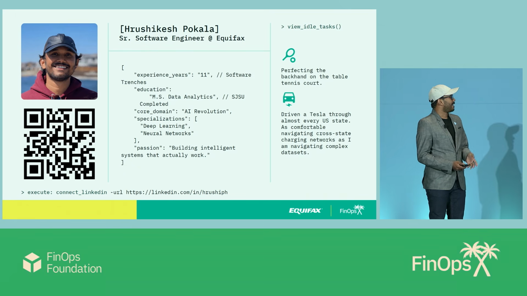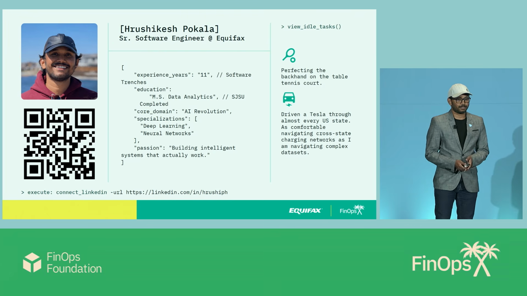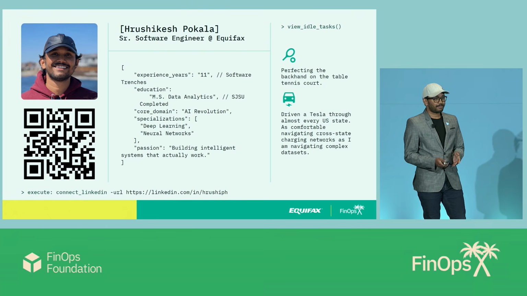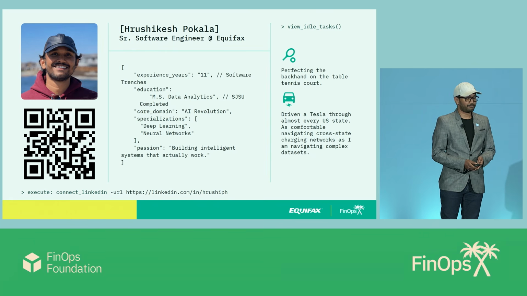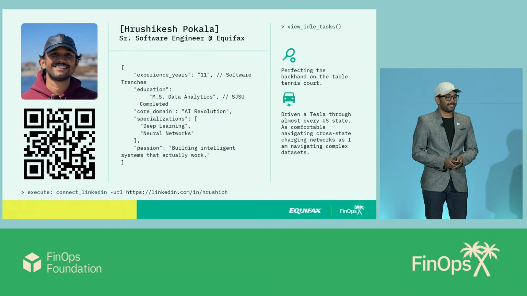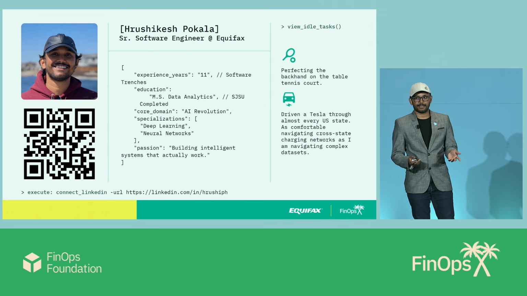I have around 11 years of experience working as a software engineer, and I finished my master's in data analytics from San Jose State University, with a specialization in deep learning and neural networks. My core domain is the AI revolution right now, because it's all about the AI era, right?